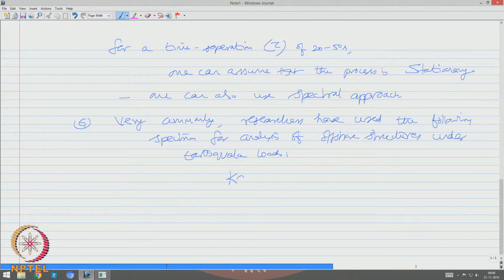People have used what we call Kanai-Tajimi power spectrum.